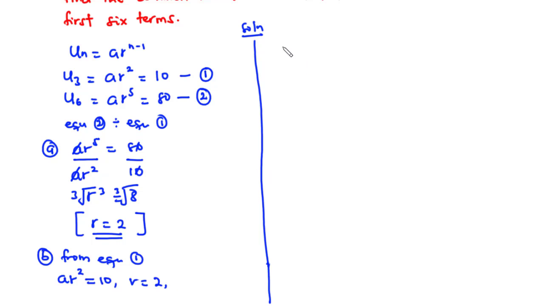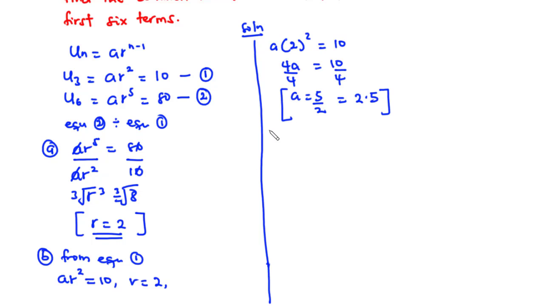Therefore, we have a times 2 exponent 2 equals 10. This becomes 4a equals 10. We divide through by 4, and then we have a to be 5 over 2, which is the same as 2.5. So that is the value of a.